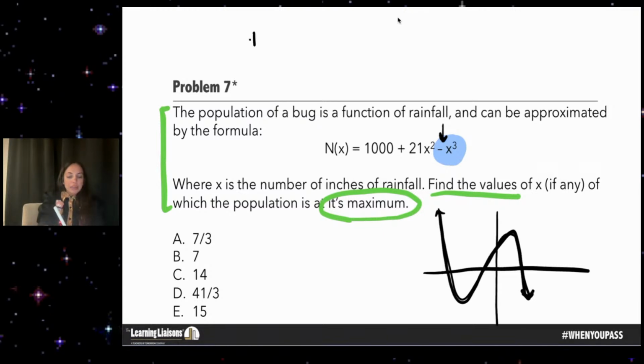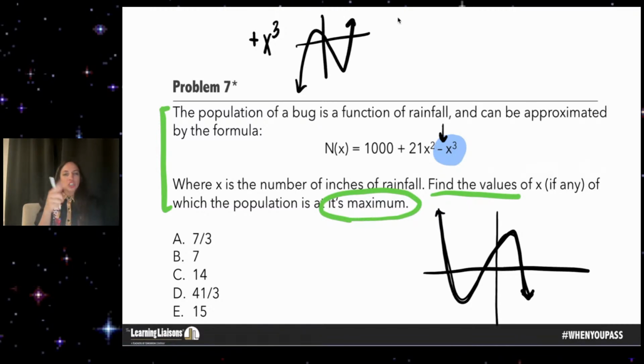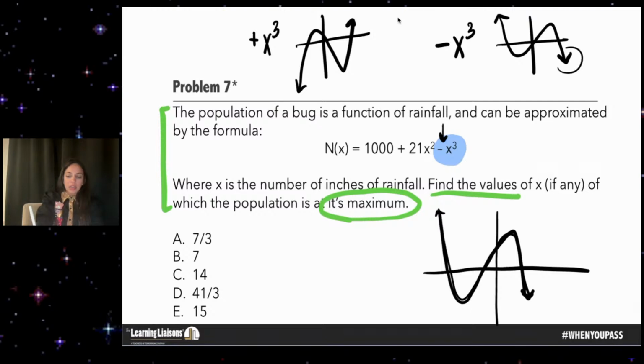So a positive cubic function is going to start up and end up. And when I say start up, I mean start trending up. The end behavior is pointing down, but my pencil is going up. And a negative x cubed function is going to end in the negative, and my line is going to be decreasing. That's a better mathematical way of describing it.